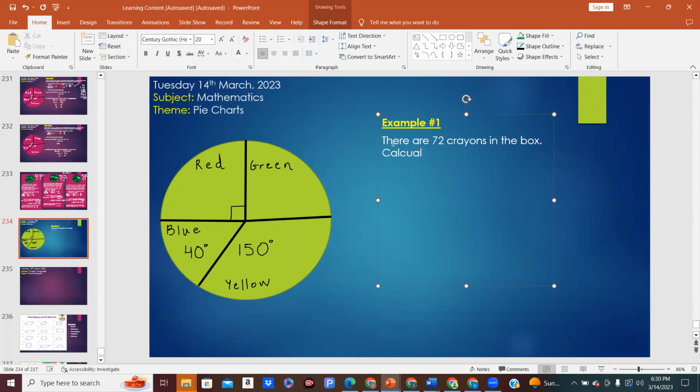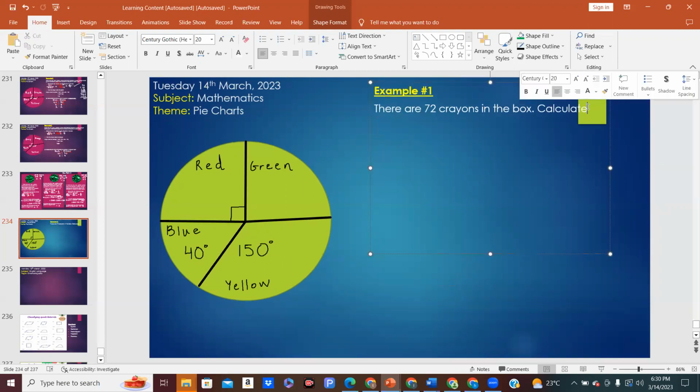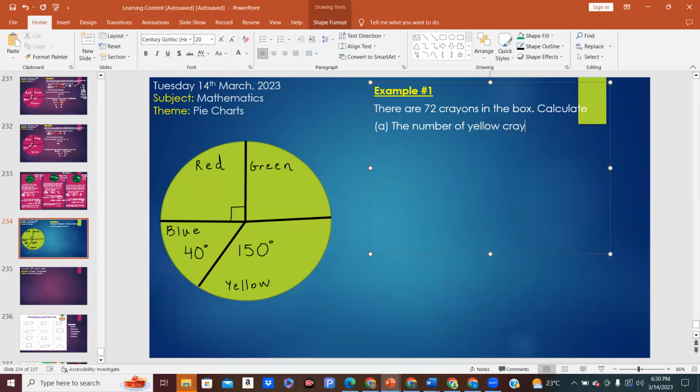Calculate A, the number of yellow crayons in the box. Now, please note that the pie chart represents the amount of crayons that are inside the box.